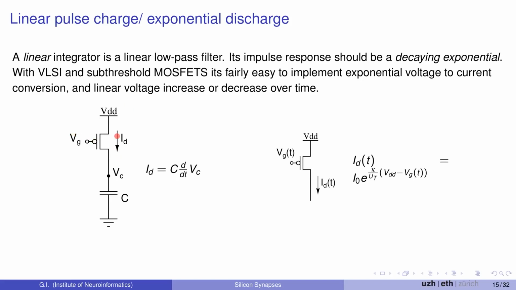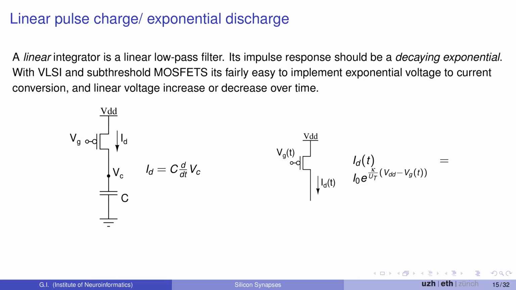We increase this voltage linearly because we have a constant input current. If the voltage increases linearly, this VGS decreases linearly. And if the VGS decreases linearly, the current decreases exponentially. So that's an easy way to have an exponential decay.